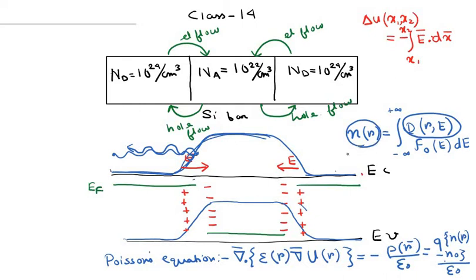So we are now in a loop where to know this band profile, that is to know this U(R), we need to know N(R), but to know N(R) we need to know U(R). So we are in a kind of locked up situation.